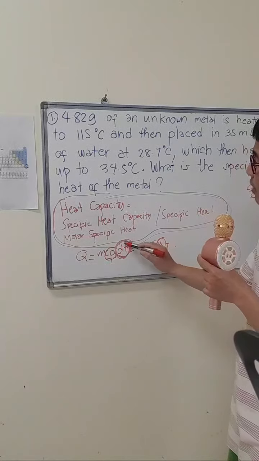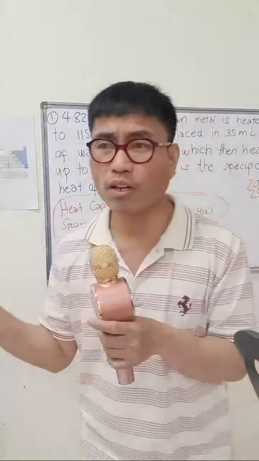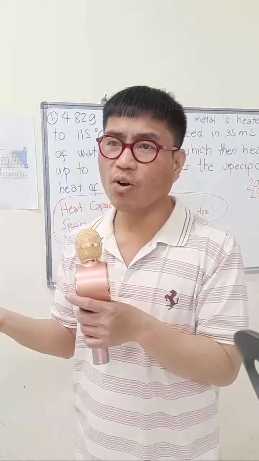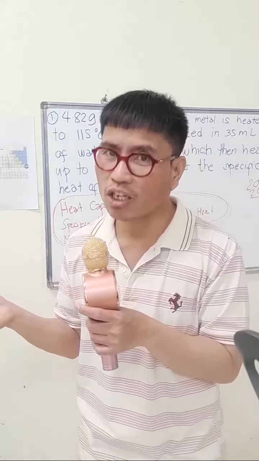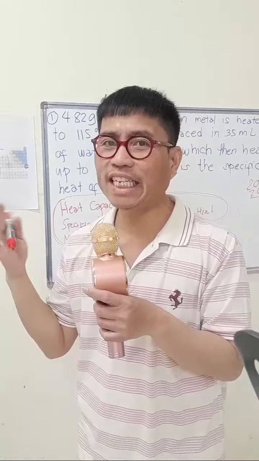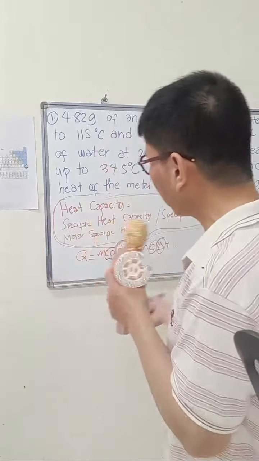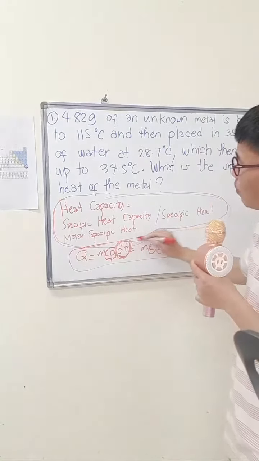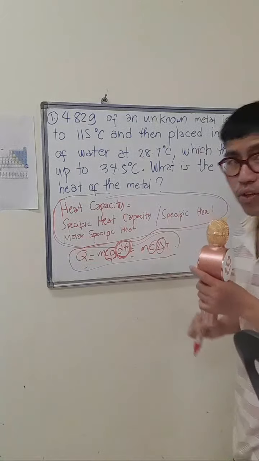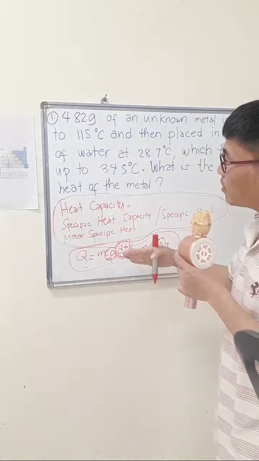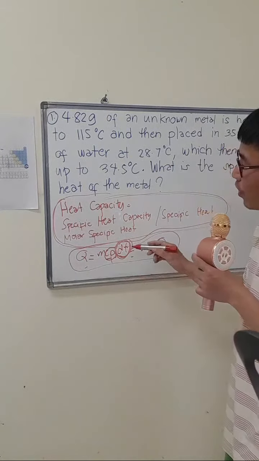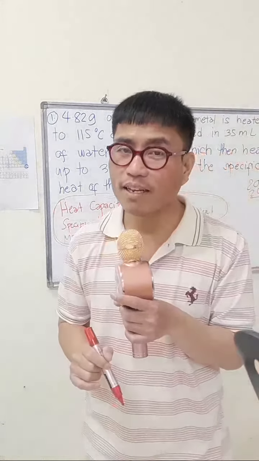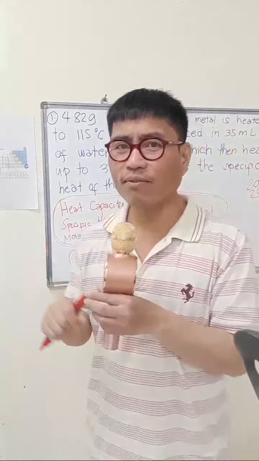The d could either be a derivative of temperature or a gradient, meaning the difference or change between the final temperature and the initial temperature. It depends on your convenience, which works for you. But since our instructor in college introduced us to this formula, we keep on using Q equals mcΔT.